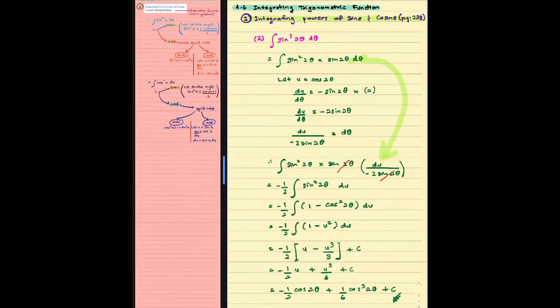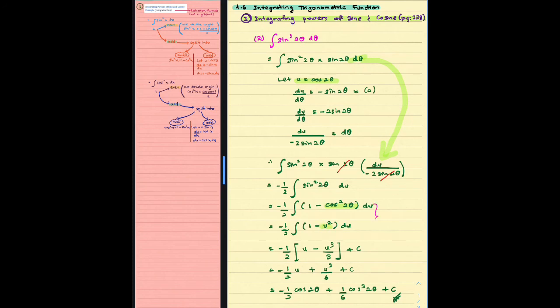We know sine squared theta plus cos squared theta is equal to 1. Therefore, sine squared 2 theta is equal to 1 minus cos squared 2 theta. As we know, cos 2 theta is equal to u, so now it becomes u squared.